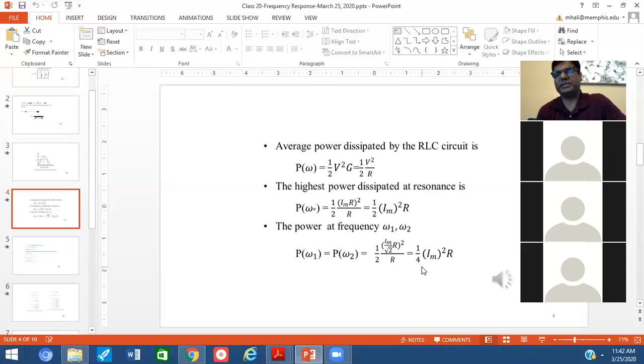That's why you can see 1 by 4. And that makes sense. That is the reason those 2 points, omega 1 and omega 2, are called the half power frequencies. Is everybody fine so far? Yeah, looks great. Okay, fine.